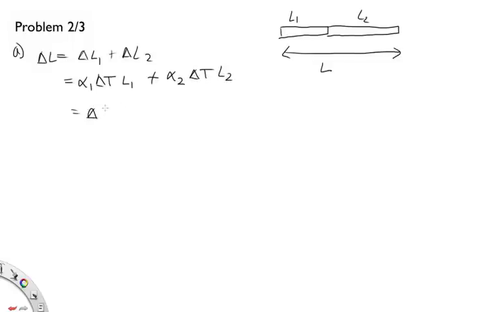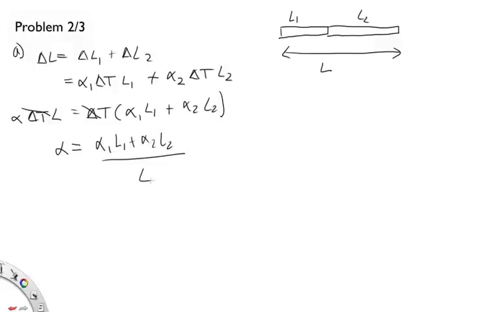So we can write this as delta T, taking that out as a common factor, alpha 1 L1 plus alpha 2 L2. And delta L for the composite rod, well, that'll be the composite alpha times delta T times the initial length L, just from the definition. And so these delta T's will cancel out, and we end up with alpha for the composite rod is equal to alpha 1 L1 plus alpha 2 L2 over L, where L is L1 plus L2 if we wanted to substitute those in.